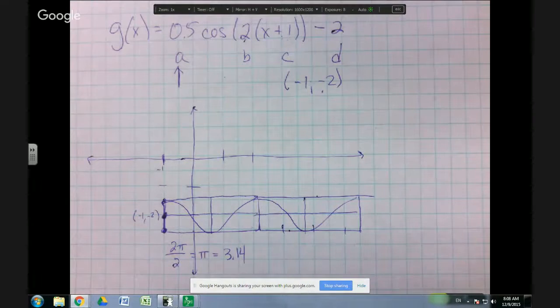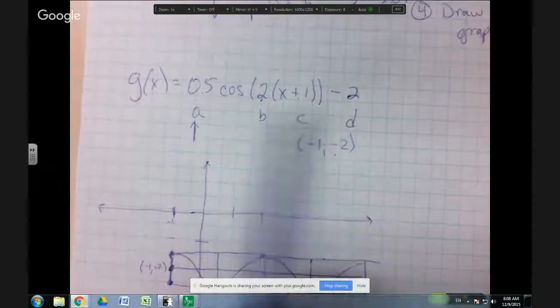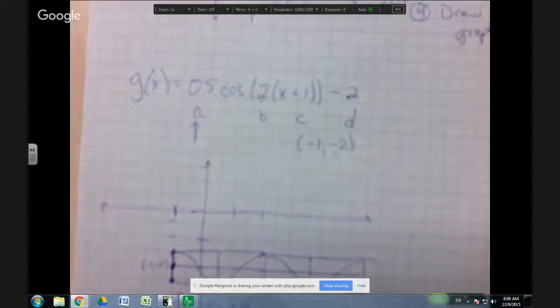So that's the full family of functions representation of a sine or cosine graph.